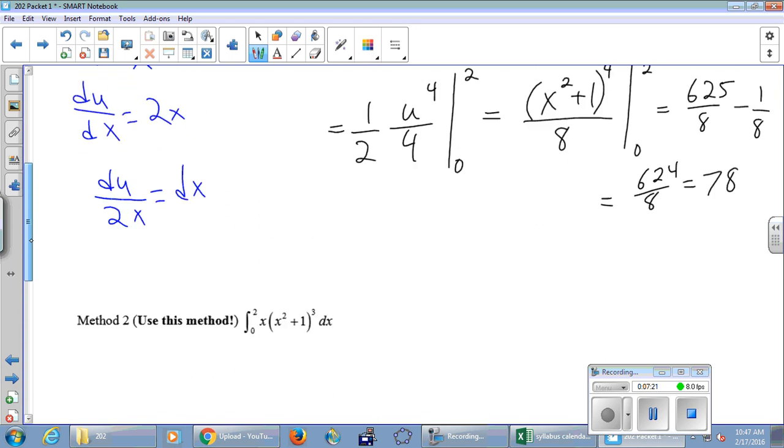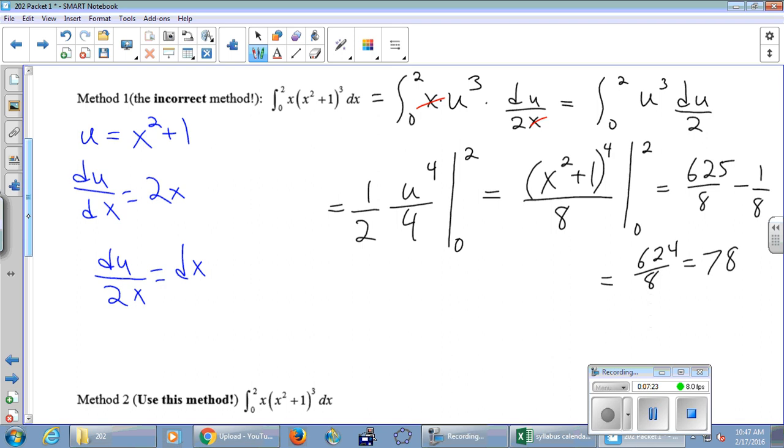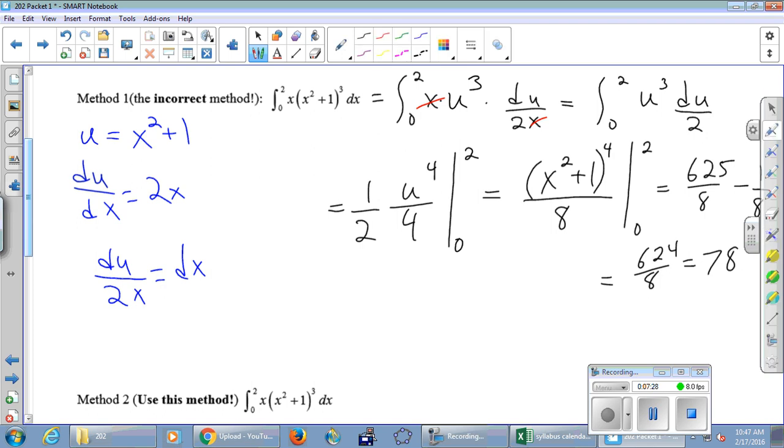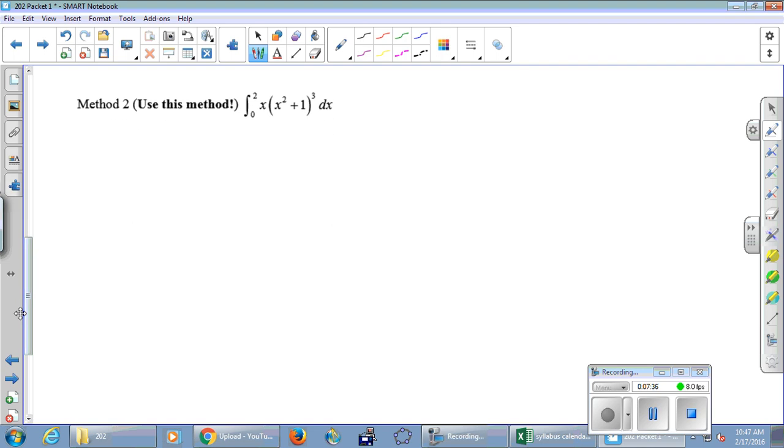Let's see. We are going to change just a tiny bit of the process that we wrote up above. I'm going to grab this guy right here. Okay, so this thing became integral. There was an x there. The x squared plus 1 became a u to the 3rd.